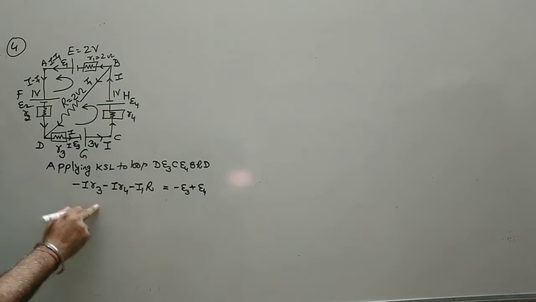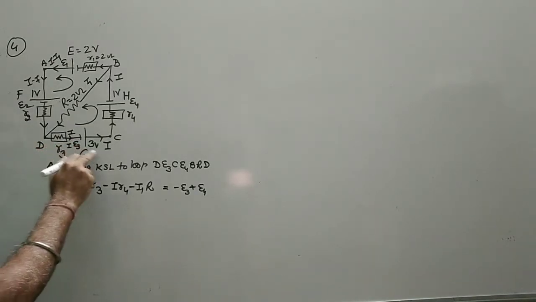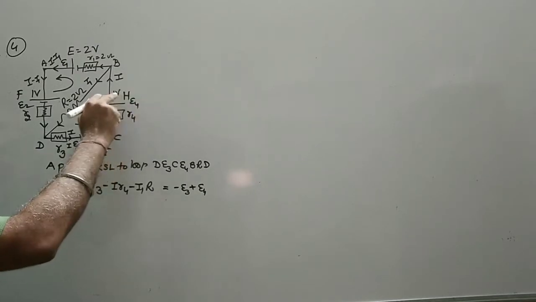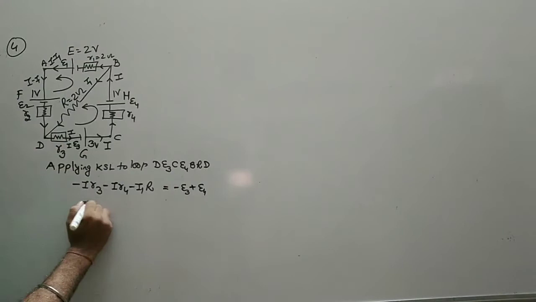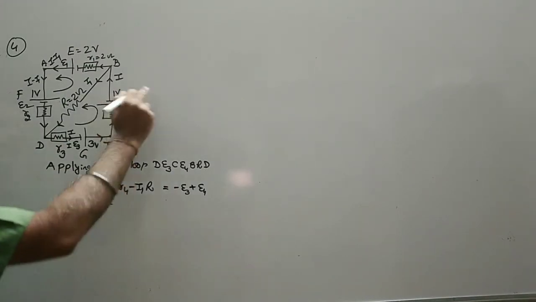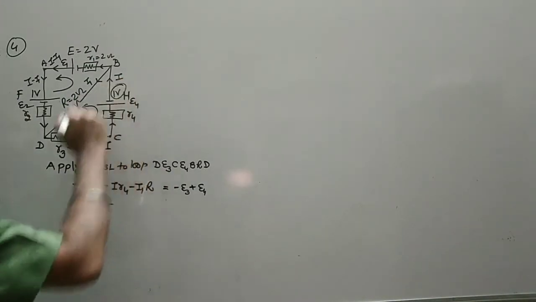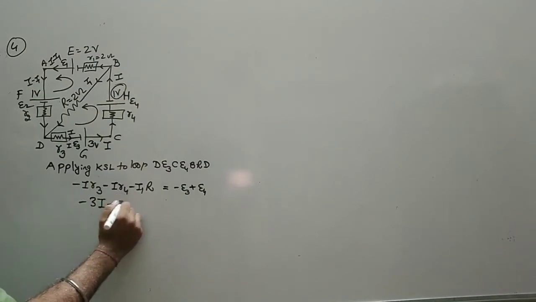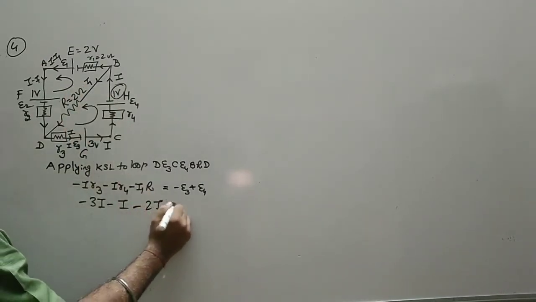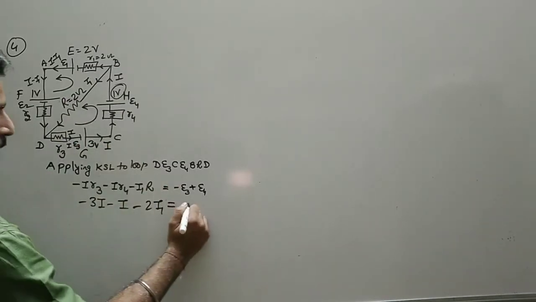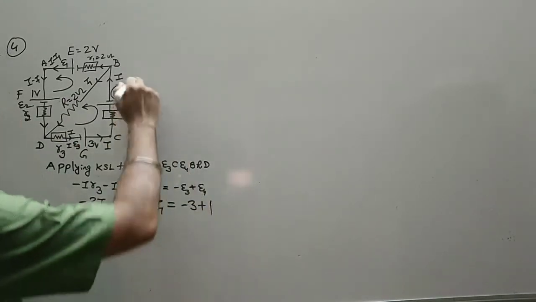Substituting the values, R3 value is 3 ohms. Whatever is the value of their EMF, that is the value of their EMF. So R3 given is 3 ohms. So minus 3I, minus R4 value is 1 volt, so minus 1, that is minus I into 2I1, that is equal to minus 3 plus 1 volt.